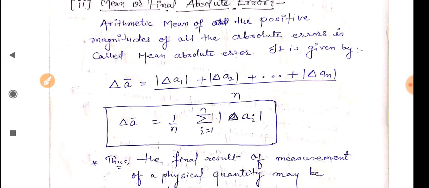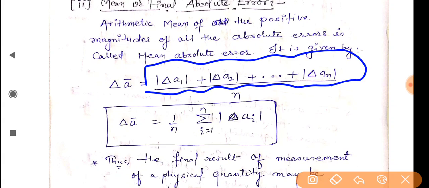In this way you are taking the mean of all the absolute errors taken positive. Now delta a bar is equal to 1 upon n summation of mod of delta ai, where i is equal to 1 to n.